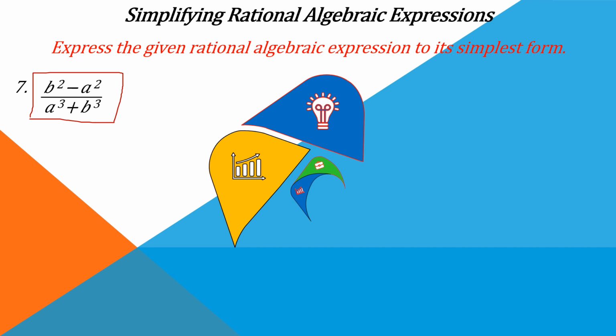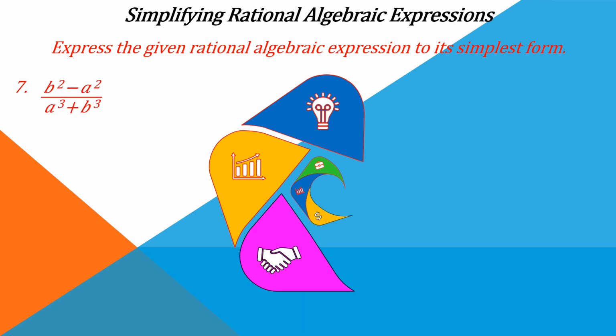The factors of the numerator are simply: the factor of b squared is b multiplied by b, then the factors of a squared is simply a multiplied by a, and since this is negative, we have signs of negative and positive for a.